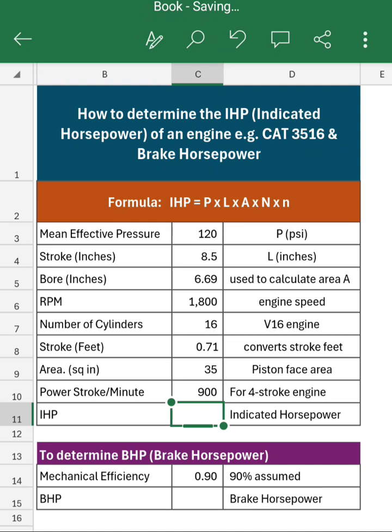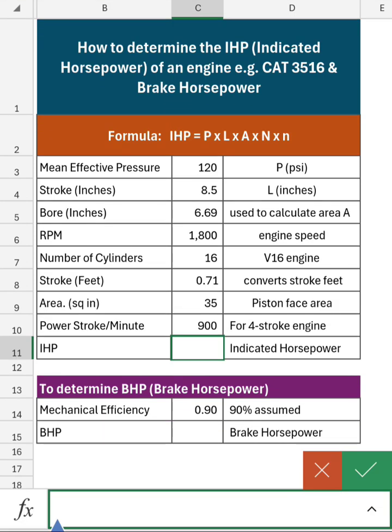Now let's calculate the IHP. So again, equal sign. The first thing that I'm going to get is the mean effective pressure, 120 psi. That would be the P of the formula. Then I'm going to multiply that by the stroke in feet, 0.71 feet.